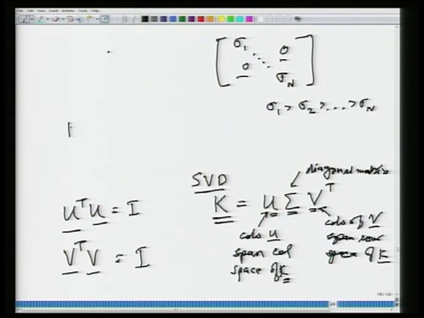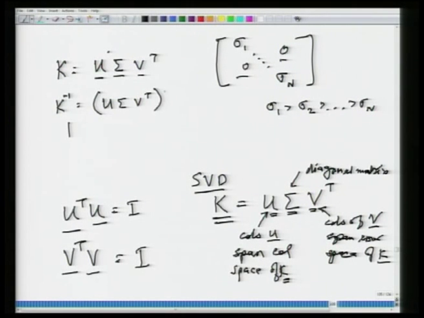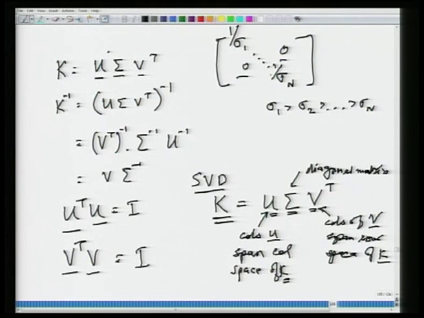Similarly, inverse of V transpose is V. So if K is equal to U sigma V transpose, K inverse will be V times sigma inverse times U inverse, that is, V sigma inverse U transpose.